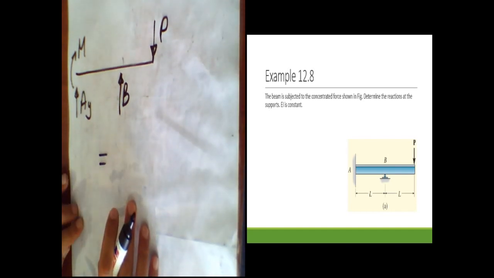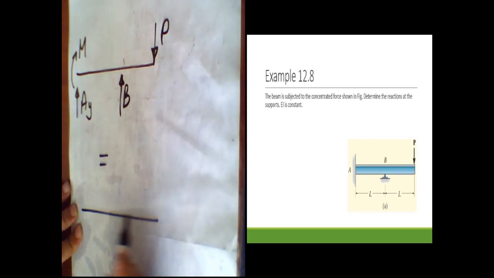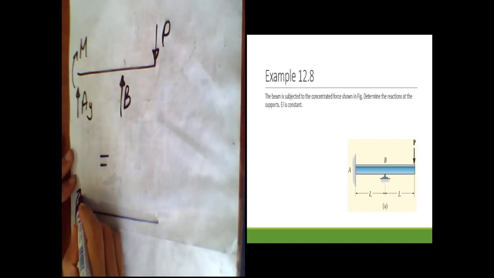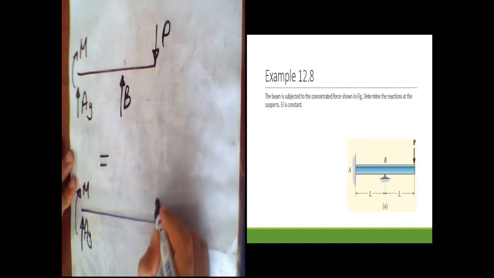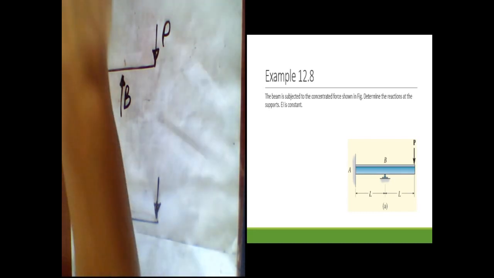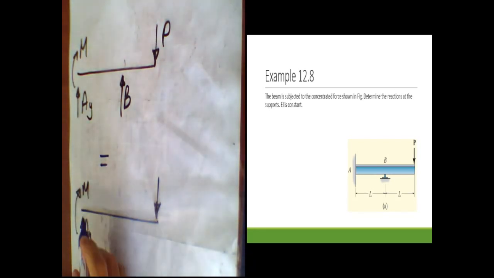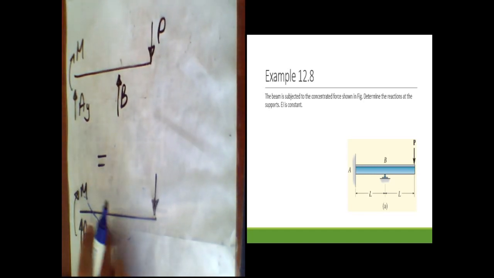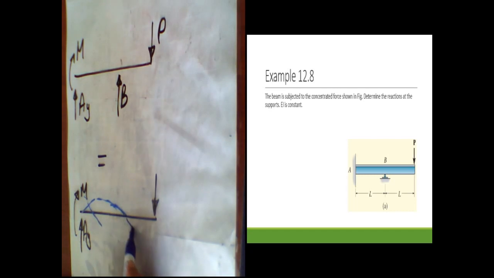I want to equalize it like this. First of all, I eliminate the By, so we have M, Ay, and P. By using this load, we can find the shape, like this.